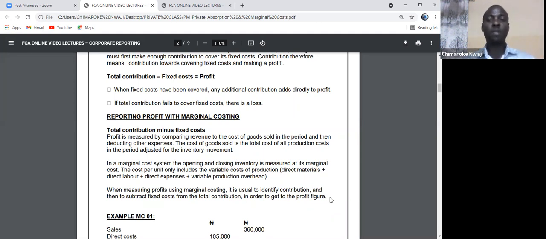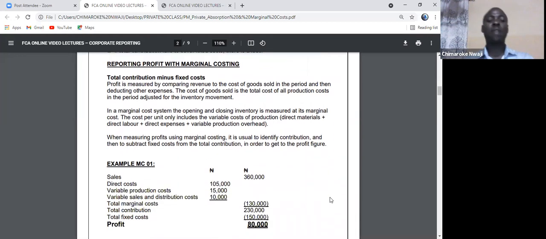You will see that production fixed costs will affect the closing stock and opening stock in absorption, but it will never affect that of marginal costing. Okay, so when measuring profit using marginal costing, it is usually important to identify our contribution. That's the key. And then subtract the fixed cost directly from total contribution. So that's how we do it.